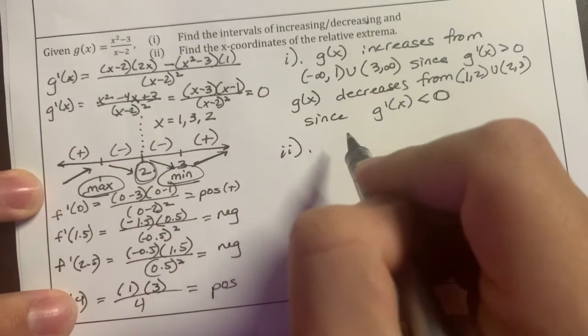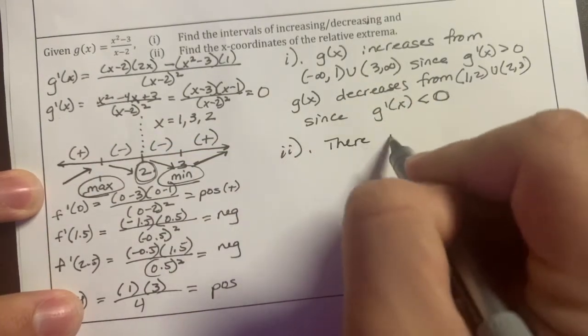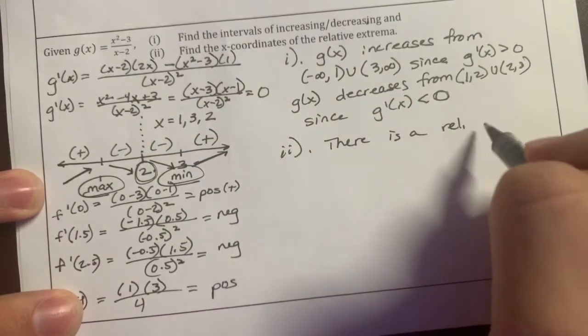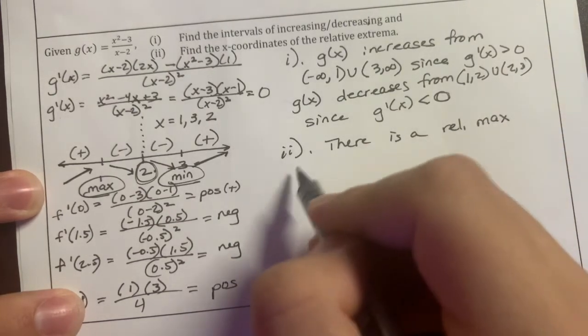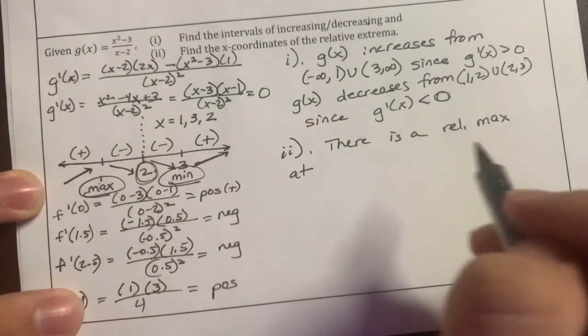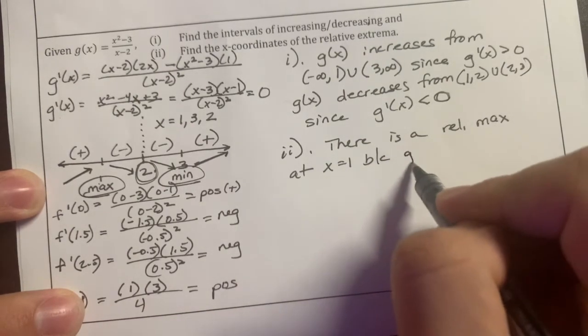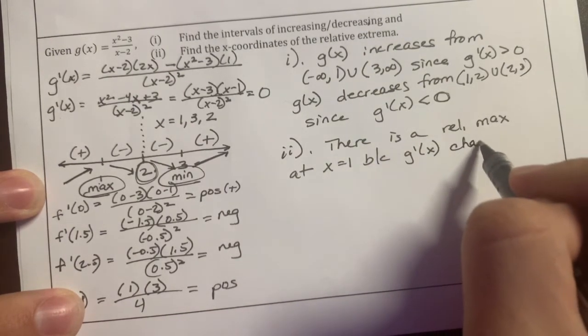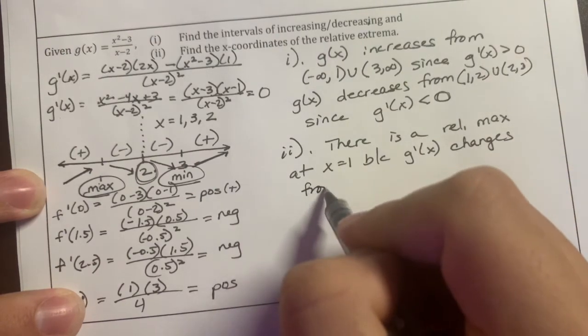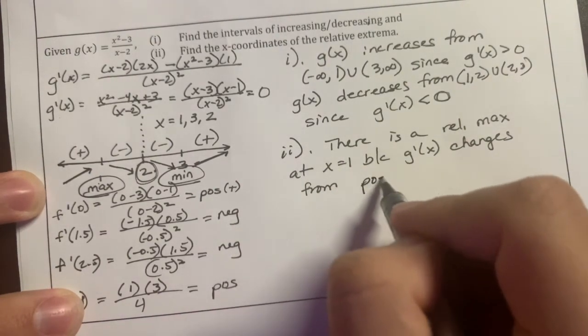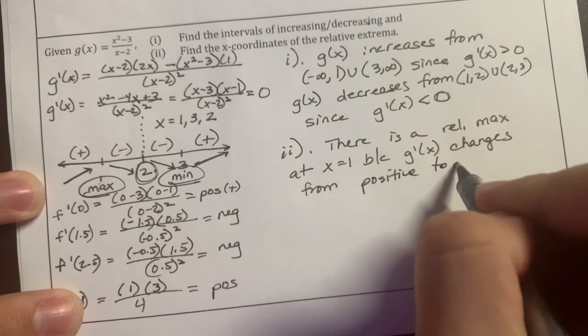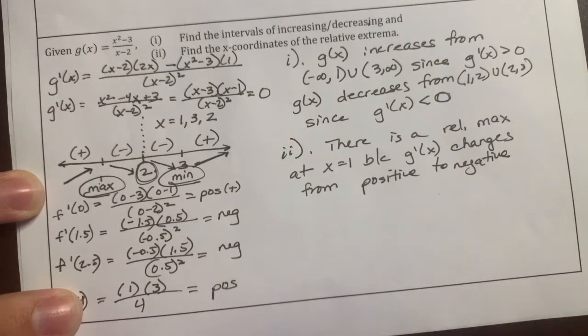Now we've got to go ahead and interpret our relative maxes and mins. So I'm going to say there is a relative max at X equals 1 because G prime of X changes from positive to negative.